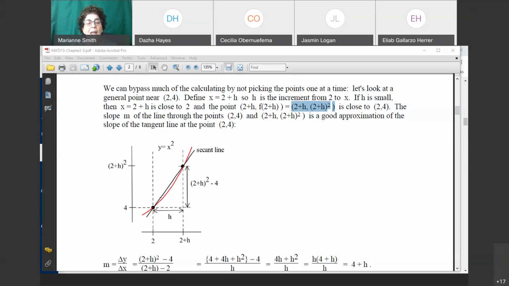And what about x? Well, this one x value is 2, and this is 2 plus h. So if I say 2 plus h minus 2, I get the h. So these are meant to be the differences. Think of this expression like y2 minus y1, and this is like x2 minus x1.